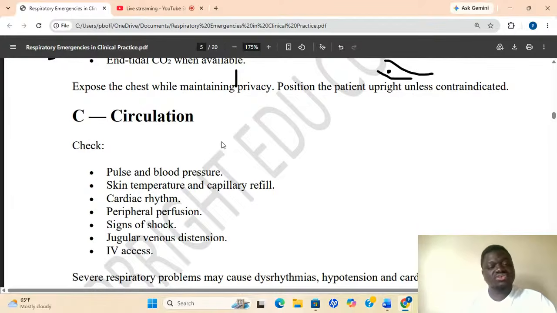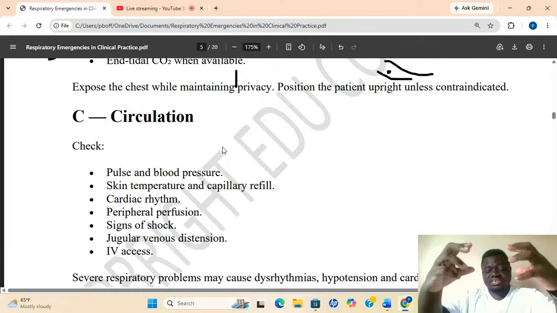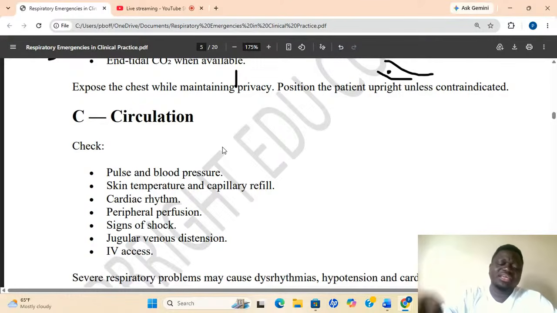Okay. Let's look at the circulation. Somebody will ask you why are we concerned about circulation in the airway? Whatever happens to the respiratory system affects the cardiovascular system. They are twin systems. So whatever happens to respiration, if you don't treat it, sometimes affects the cardiovascular system.